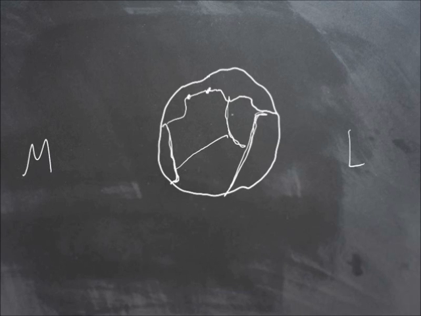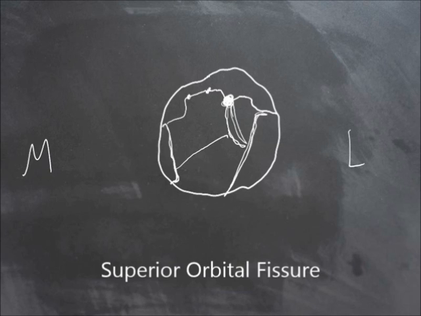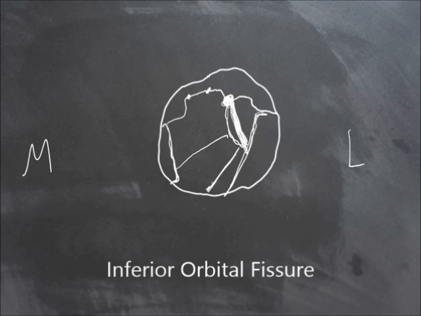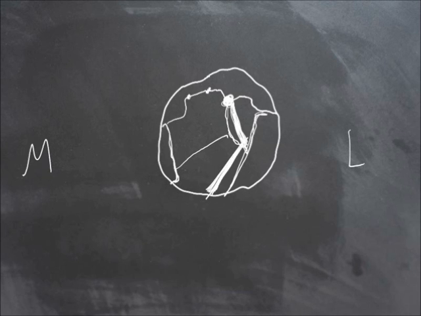Moving across, you have the optic canal and the superior orbital fissure. Down here, you have the inferior orbital fissure. So that's the orbit.